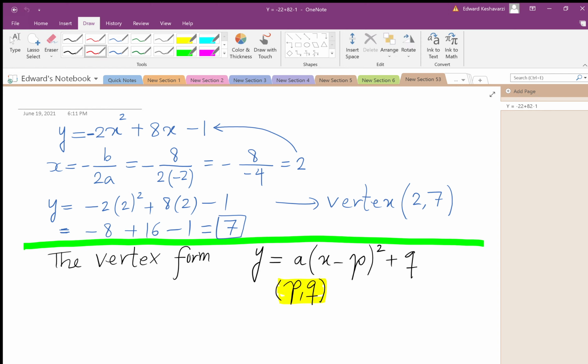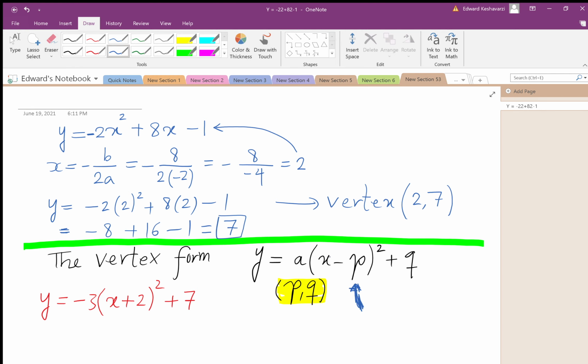So y equals negative 3(x plus 2) squared plus 7. We are going to get the coordinates of the vertex. As you see, look here, you need to switch the sign of p, right?